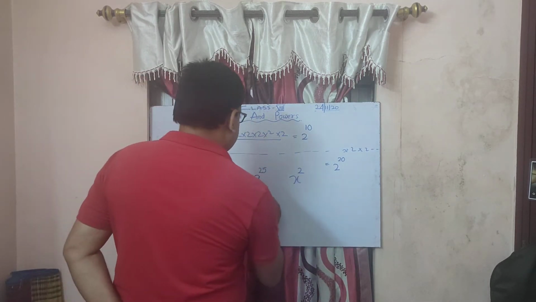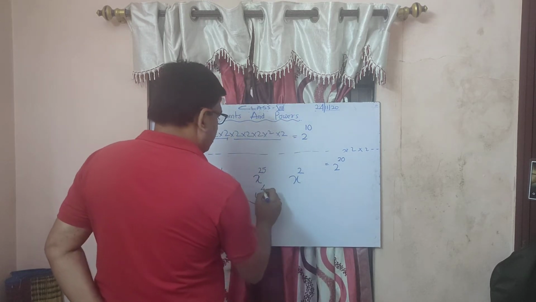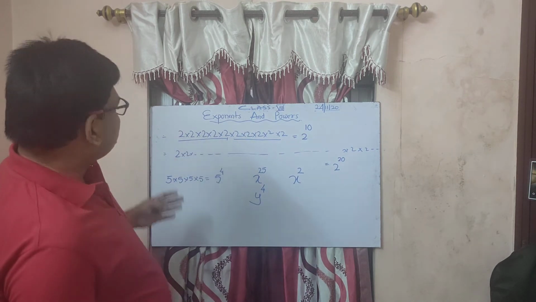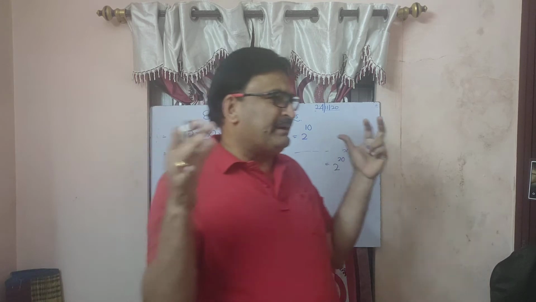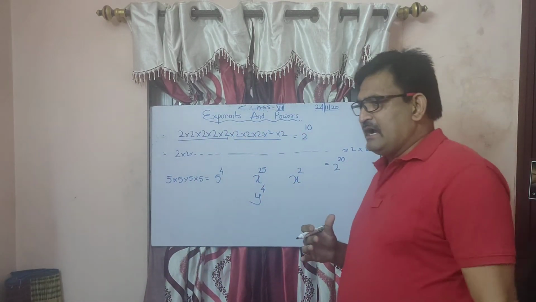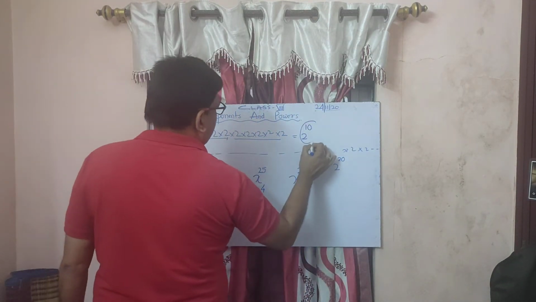If y is multiplied 4 times, y to the power 4. So this is how the bigger thing can be compressed and written in a simpler form.